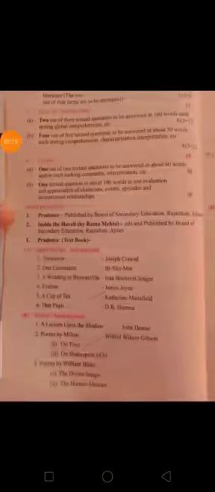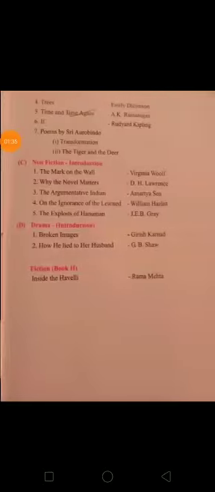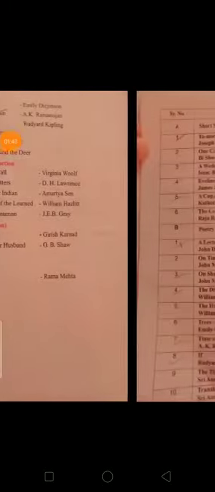Next, text for detailed studies. You can see the marks distribution here side by side. This book is divided into four categories: short stories, section B, poetry, section C, non-fiction, and last but not least, drama. And the last one is fiction inside the Haveli.